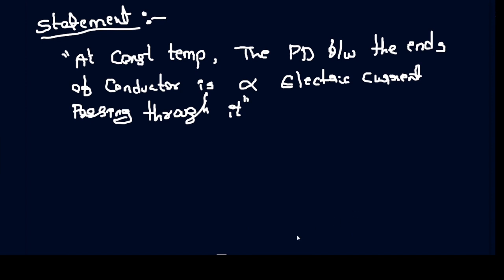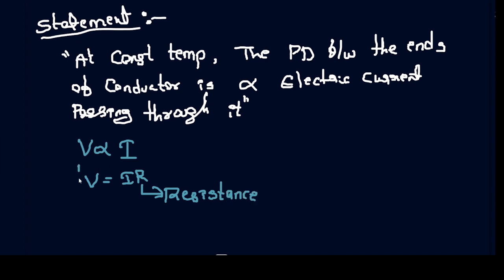From this definition, if I want to express it mathematically, I can write V is directly proportional to I. Removing the proportionality symbol, we get a proportionality constant, so V equals I into R. This R is the proportionality constant. It has very special importance, and it is a physical quantity too, that is resistance.